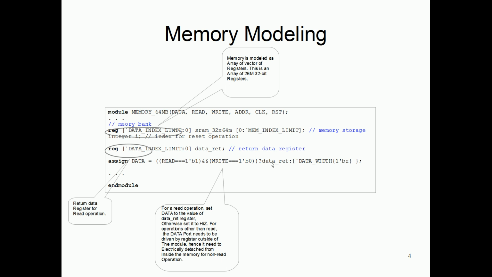You are pushing out the data through the data port. Everything else, make it a 32-bit high Z. See, we use the replicator operator here, which replicates this 1-bit high Z value 32 times. Data width is 32, defined in the purge underscore definition.v file. So this is essentially what does it.